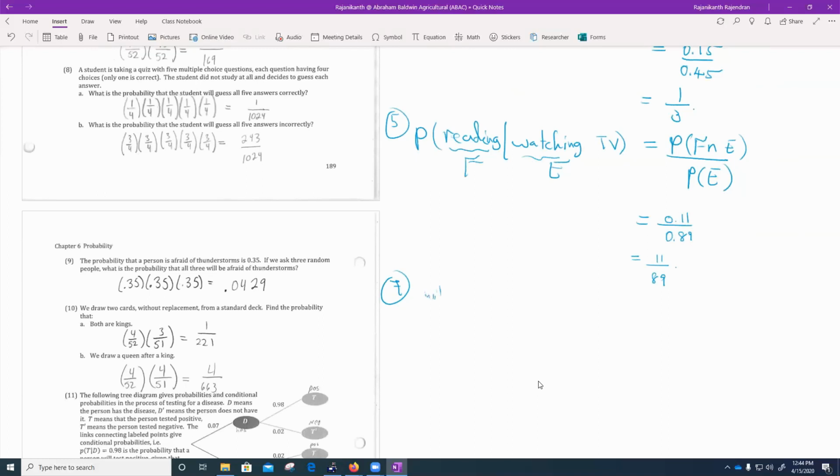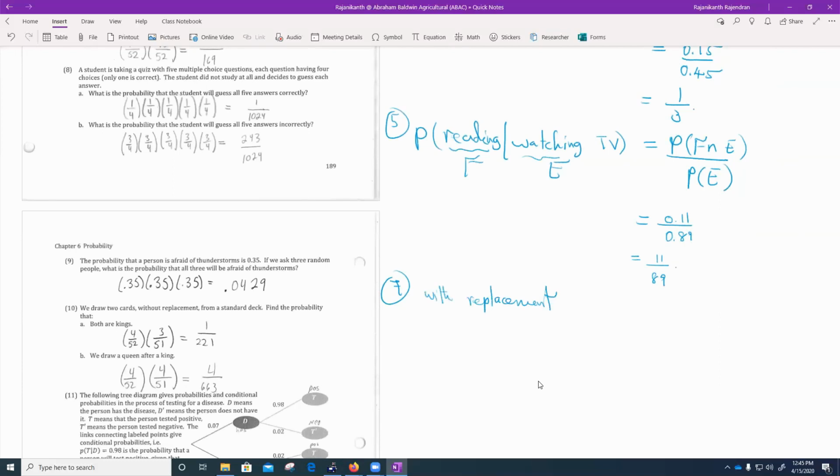When you replace the card, the probability of drawing the second card will not be affected by the first one, because you are replacing the card and whatever you had at the beginning is going to be there for the second drawing also.